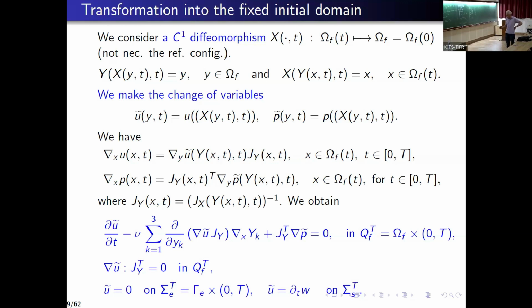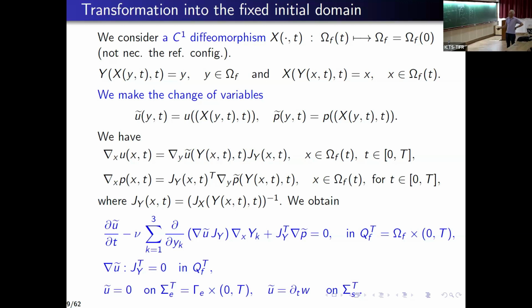And so if I replace this into the equation, I obtain du tilde over dt, and I take here the expression of the Laplace operator transformed in the y variable. Okay?